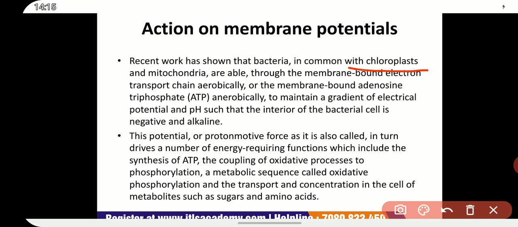So chloroplasts and mitochondria are able to run the membrane-bound electron transport chain aerobically. As we know, the electron transport chain is carried out in mitochondria, or the membrane-bound adenosine triphosphatase anaerobically. Mitochondria is the powerhouse of the cell and is responsible for generation of ATP.